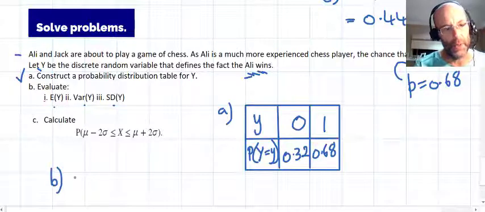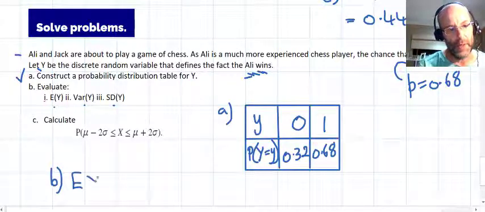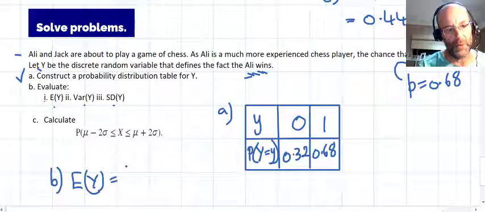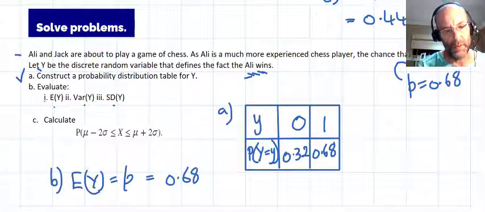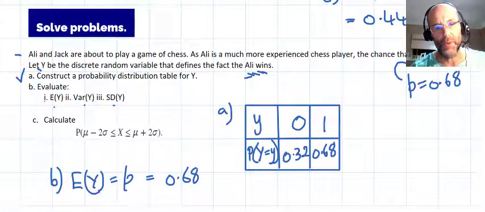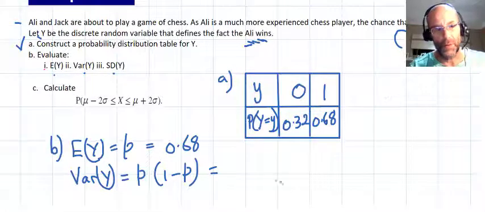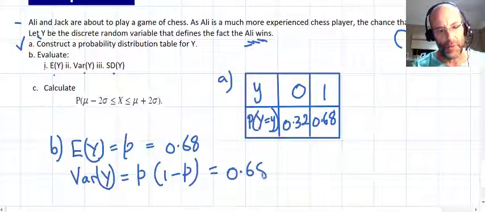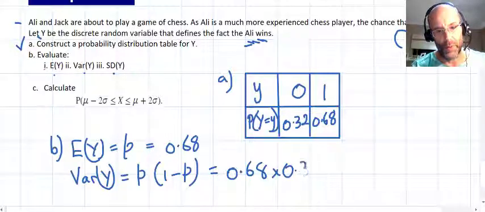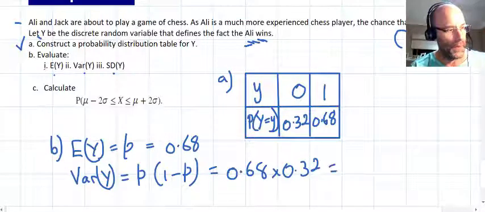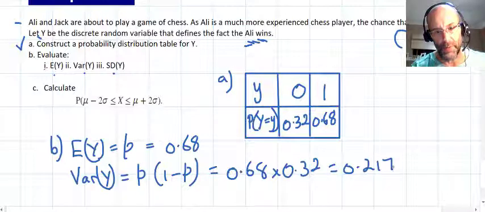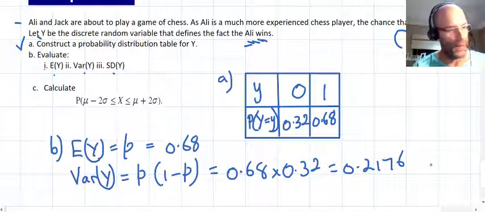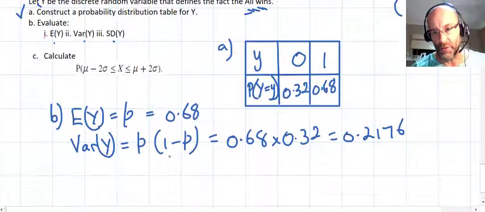Part B, we need to find E of Y, and E of Y is merely just lowercase p, and that equals 0.68. Easy. We're going to use that 0.68 now for the rest of it. So the variance of Y is p times its complement, and that's 0.68 times 0.32, and that's, to 4 decimal places if we go that far, 0.2176, and the standard deviation is the square root of that value.